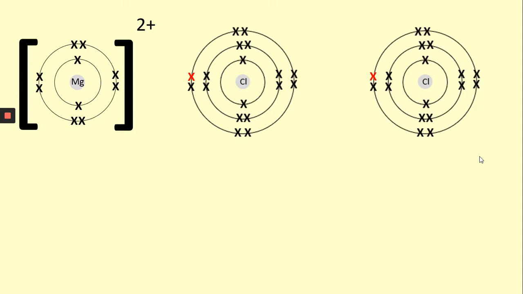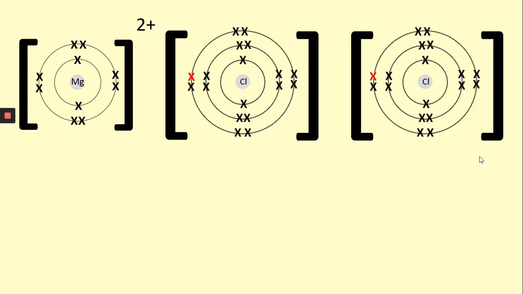Our chlorine is now a chloride ion. We have our square brackets and each chloride ion has gained 1 electron, which makes each of them a single negative charge. We cannot say it is Cl2-. We have to say Cl-. There are just 2 ions.